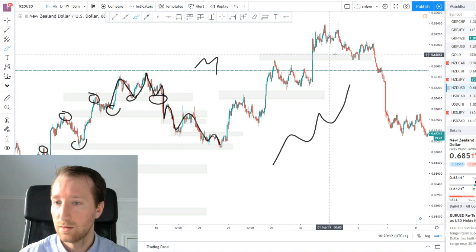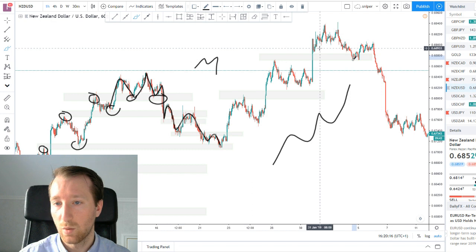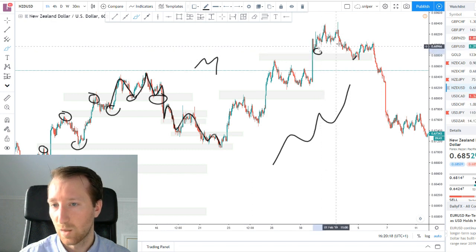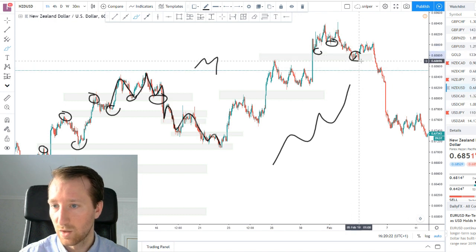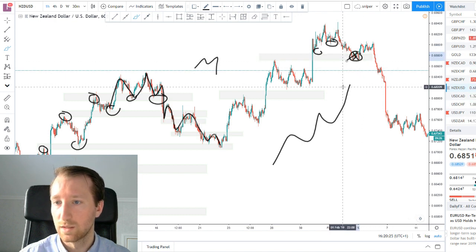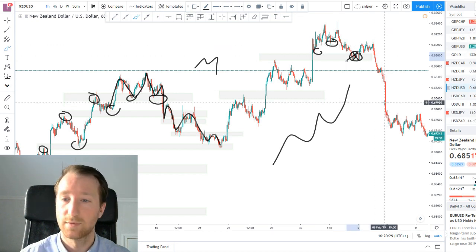As well as here, it made a bottom lower than this bottom, I would say. Lower than this bottom, I would say. So when you come here, you're like, oh, this is dead. And surely it does fall down after that.